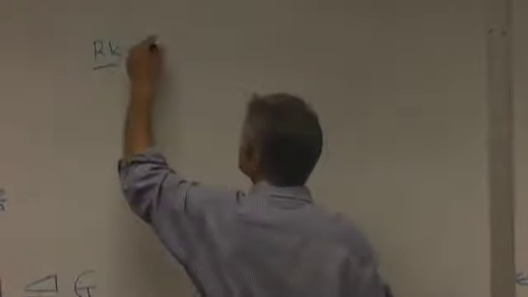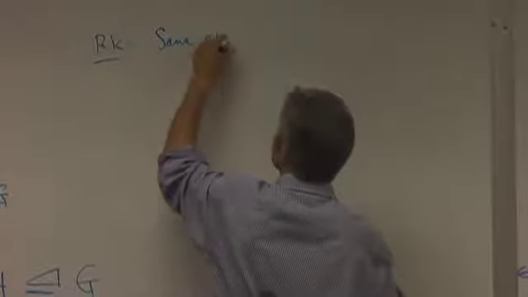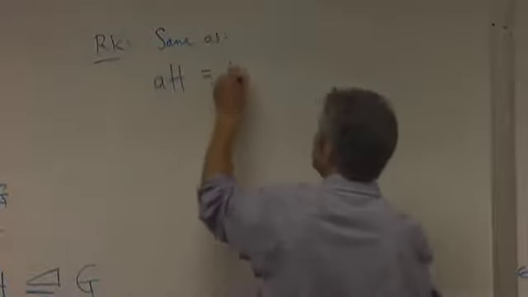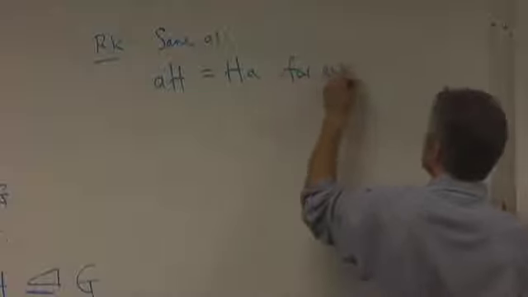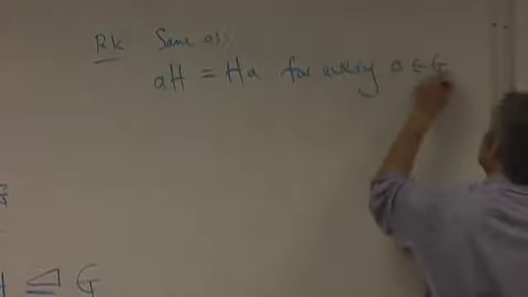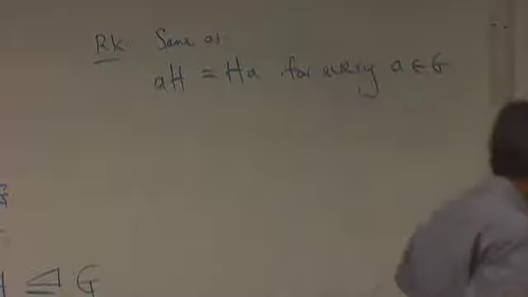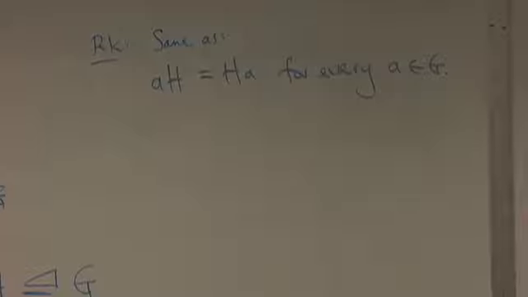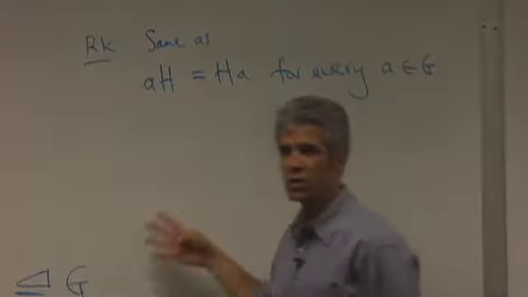So this is the same as saying aH is Ha for every a in G. So a subgroup of a group is normal in case, not just the statement every left coset is a right coset, but in fact the statement that every left coset aH is in fact its mirror right coset Ha. Right. So I'm going to write down the key proposition because I want to show that this particular condition leads to where we want to be.